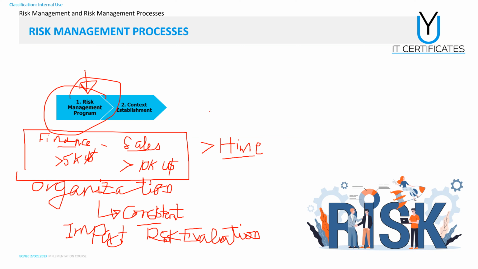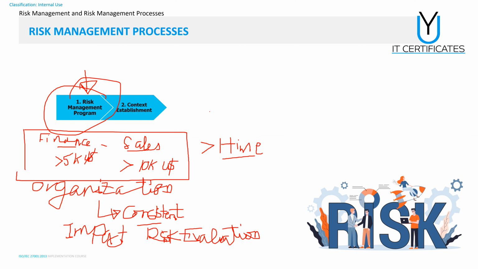What is the organization context? The organization context is the factors which affect the business in an organization, or the factors affecting the organization in performing business in the market.